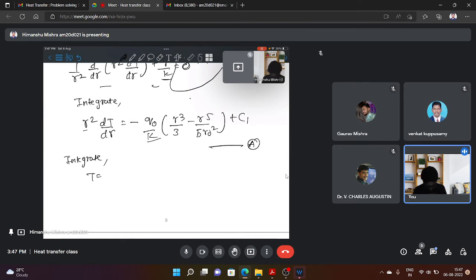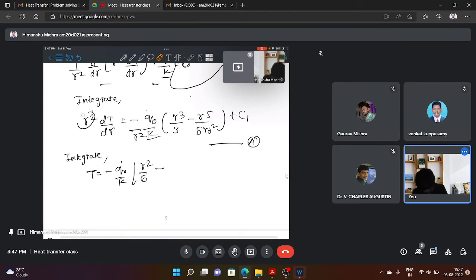So if I again integrate the equation, I can put this r square here and this dr I can substitute at the right side.